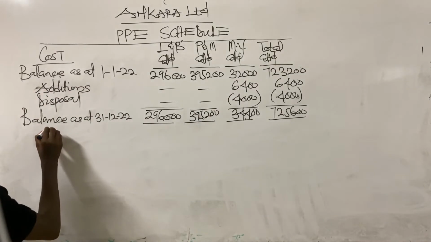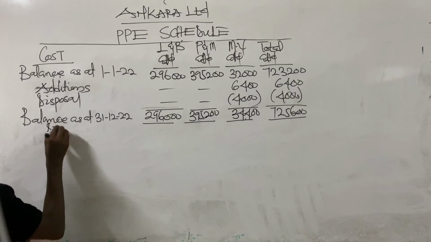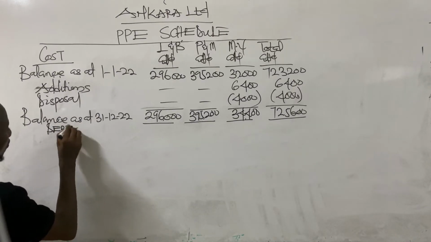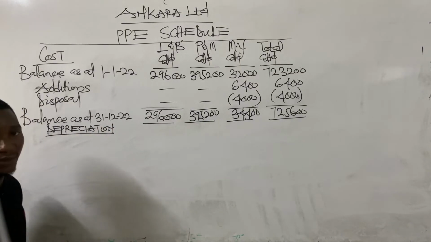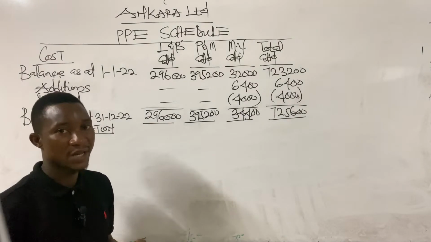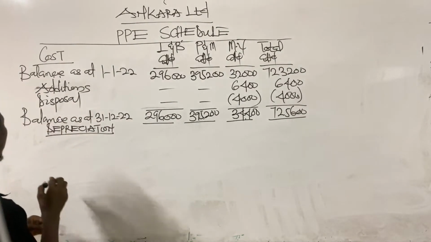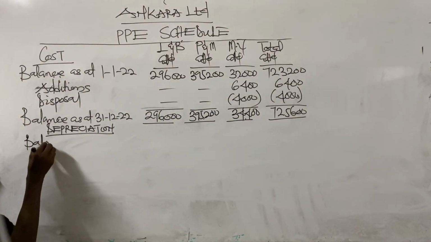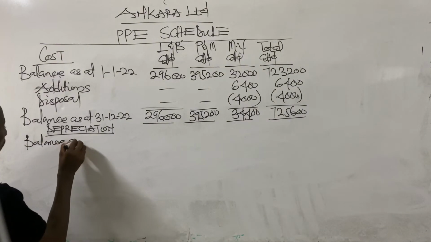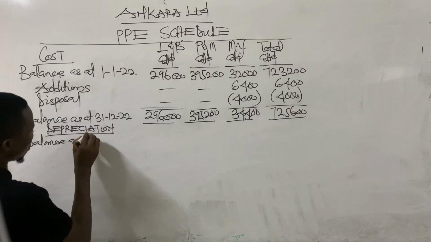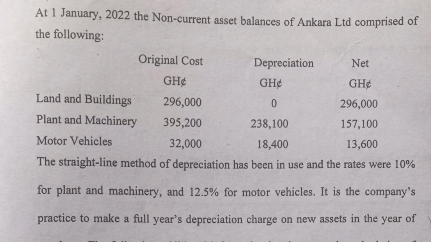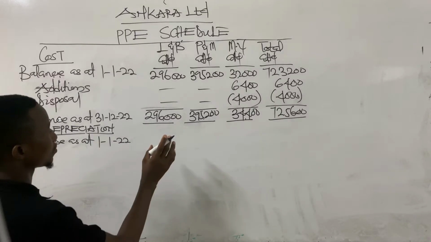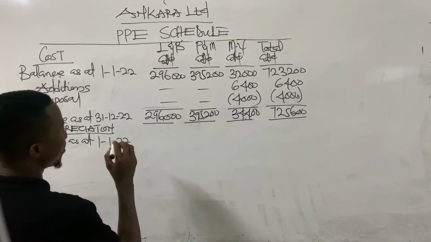So after looking at the costs of the asset, then we consider the depreciation. With the depreciation, we begin with the opening balance of the depreciation, that is the accumulated depreciation. So we have the balance as at 1st January 2022. Is that okay? From the question we have no depreciation for land and building initially.